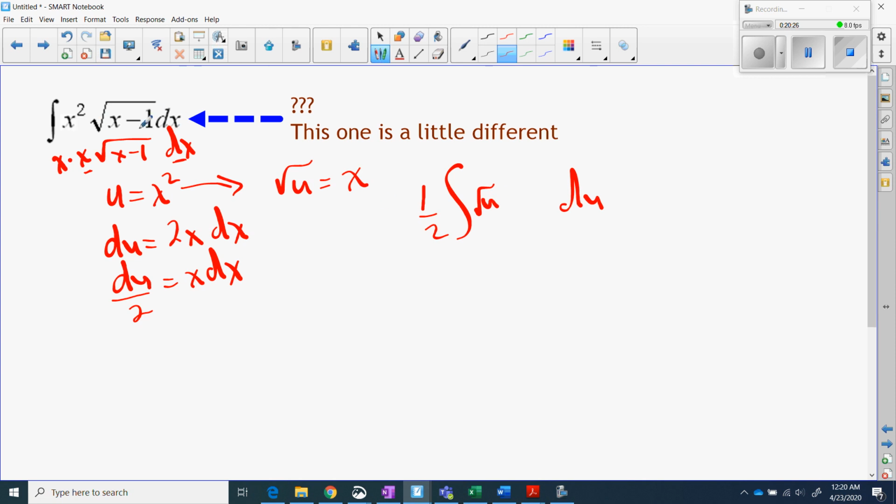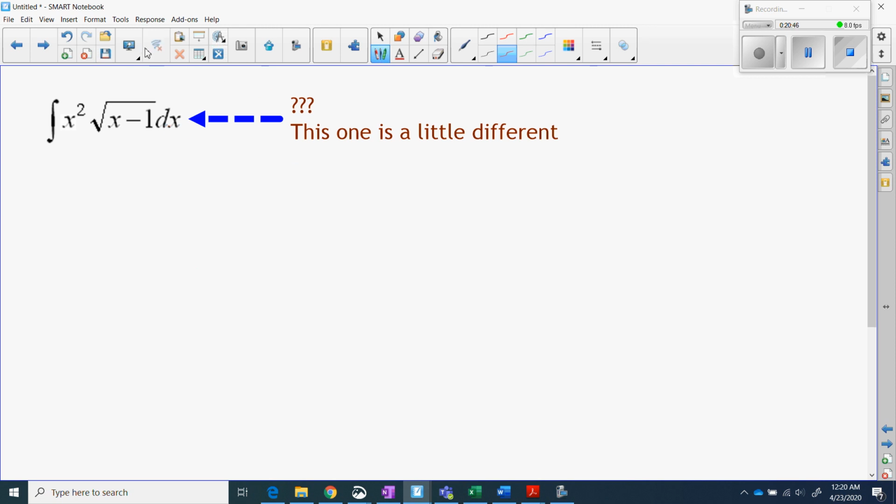And underneath here, I'd have the square root of u to the half minus 1. That didn't look to help my cause a whole lot, did it? So at that point, I'd probably say, nah, I'm not sure about that substitution. It didn't go well. Start over.